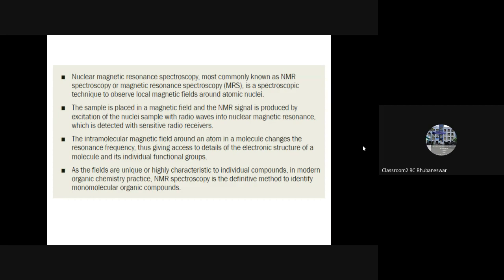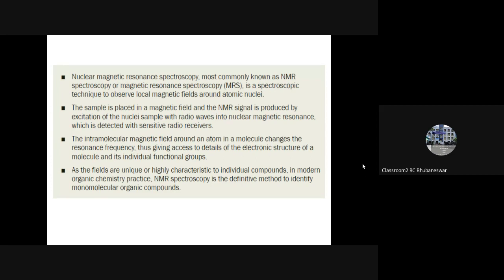Coming to nuclear magnetic resonance spectroscopy, most commonly it is known as NMR or MRS, magnetic resonance spectroscopy. Here you will be dealing with local magnetic fields around atomic nuclei. This comes under resonance spectroscopy. The sample is placed in a magnetic field and the NMR signal is produced by excitation of the sample nuclei with radio waves.